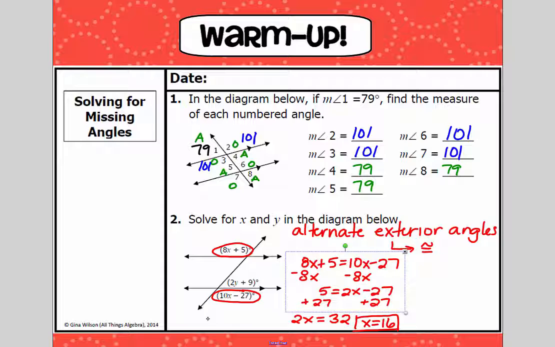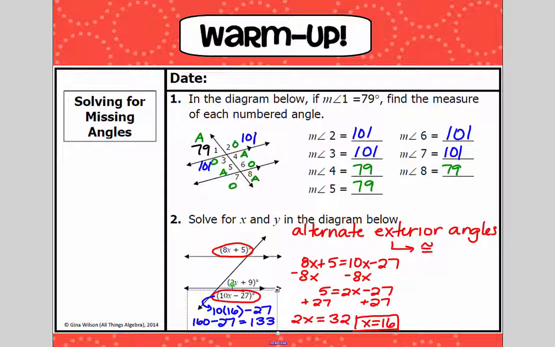In order to do that, I'm going to need to substitute 16 into this expression right here. 10 times 16 minus 27, 160 minus 27, and I'll get 133.